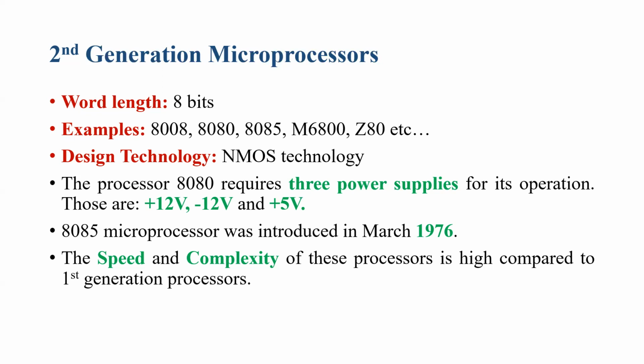The speed and complexity of these processors is high compared to the first generation. Already we know it is an 8-bit processor, so automatically the complexity increases and it can do more tasks. The speed of operation also increased because the word length was doubled compared to first generation processors.